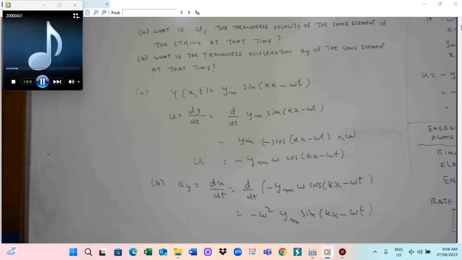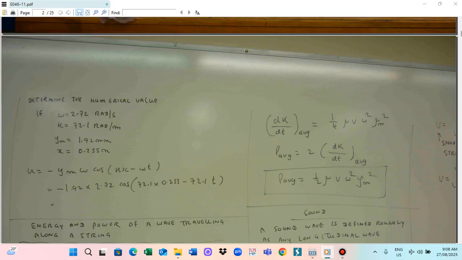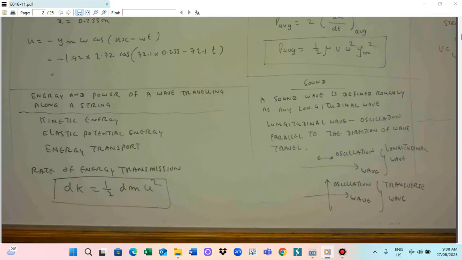Next one is the energy and power of a wave traveling along a string. The wave traveling along a string has three kinds of energy. One is the kinetic energy, because the wave is moving, so the string also possesses kinetic energy. Next is the elastic potential energy, meaning the string is elongated and retains energy.